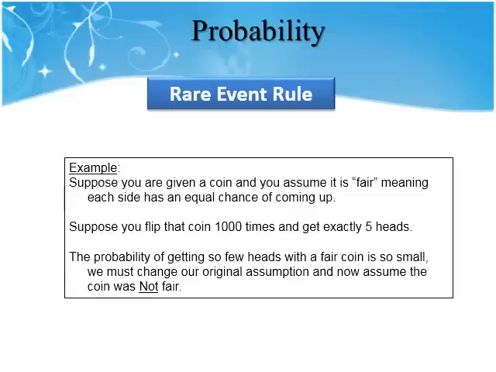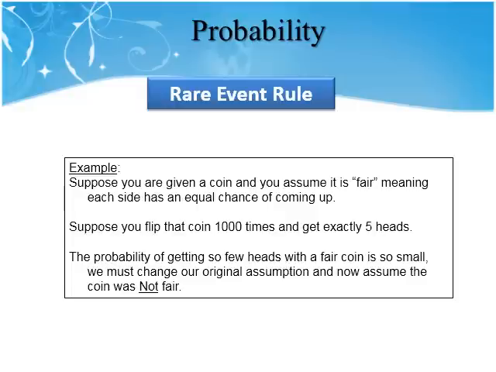The rare event rule is a rule that will come up several times throughout the semester. For now, we'll just introduce it with an example. Suppose we are given a coin, and we're going to assume it's fair, meaning each side has an equal chance of coming up. So there's a 50-50 chance that we'll get a head or a tails.